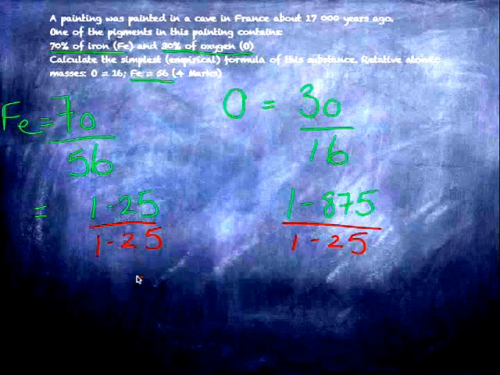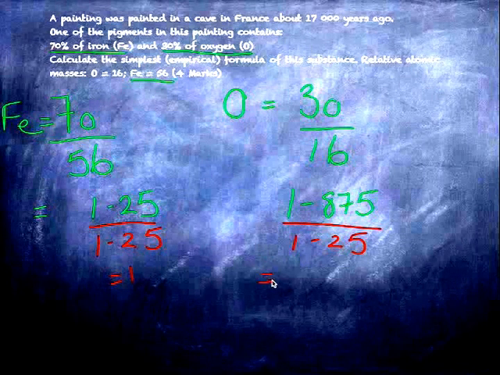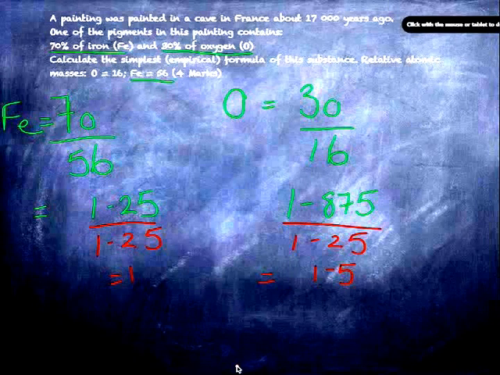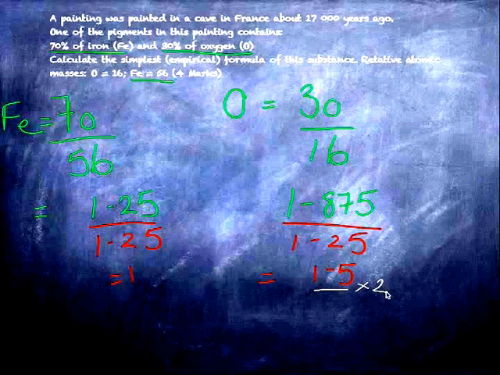That works out at obviously 1. This works out when you put this into the calculator at 1.5. So like we said in the previous example, we've got 1.5 here. We can't have half an atom, so we've got to multiply this by 2 to make it a whole number.